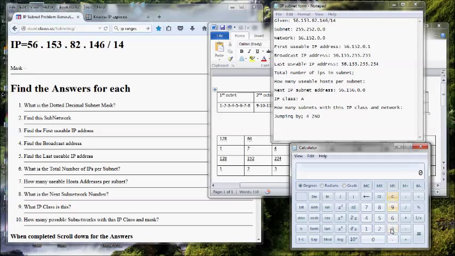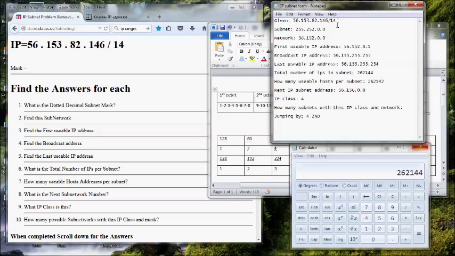Let's clear this. 32 minus 14 gives us 18, so we want to do 2 to the 18th power, and that'll tell us how many: 262144 total number of IPs available, but 2 less are usable because one of those is the network and one of those is broadcast, and those are not usable. So 262142 is how many usable we have.